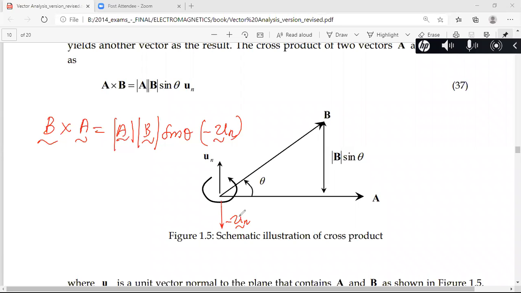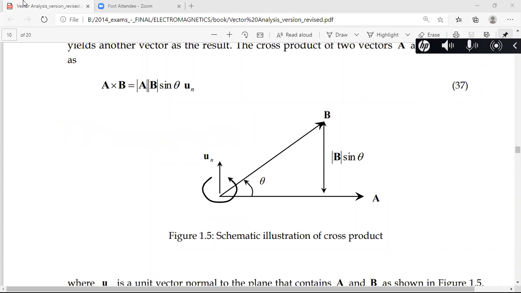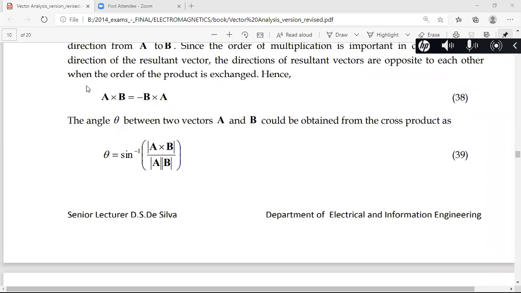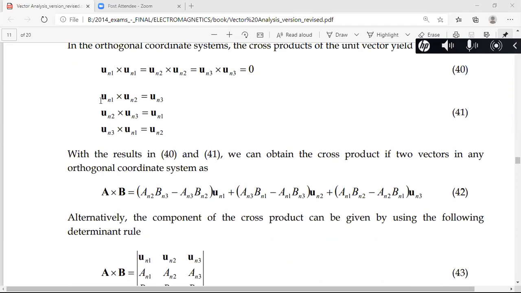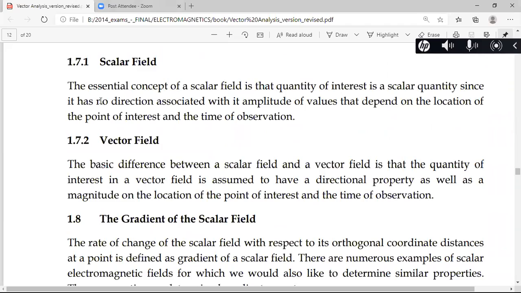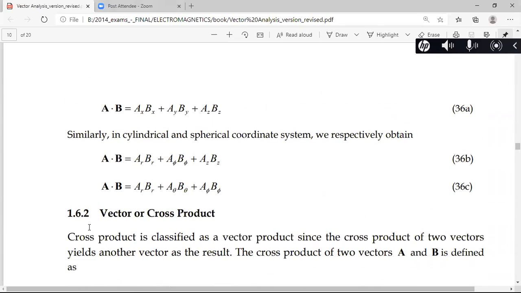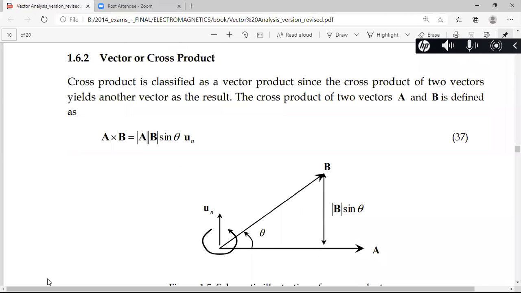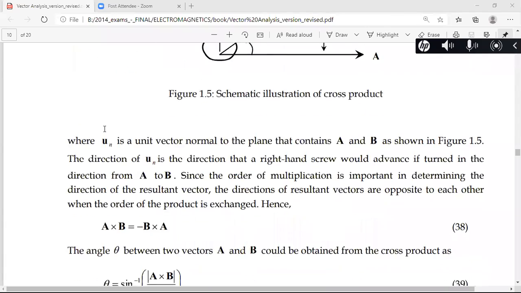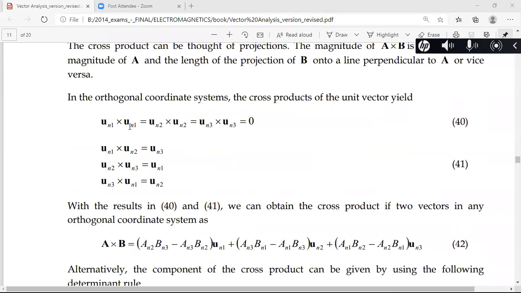The direction will change. When you take the cross product between unit vectors, you have a sine theta term.